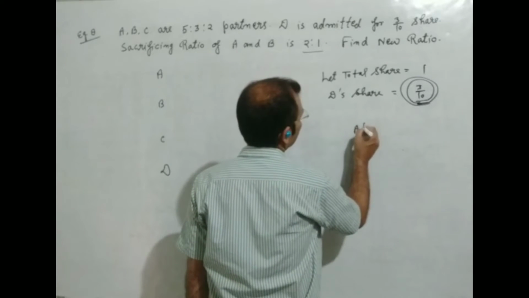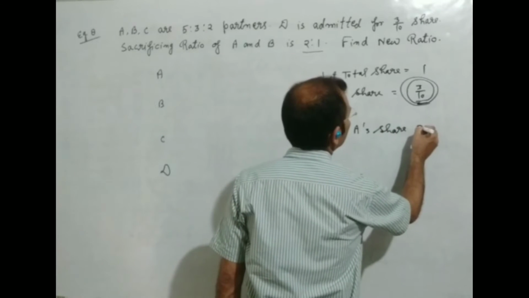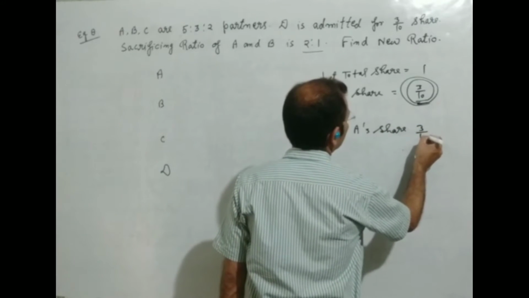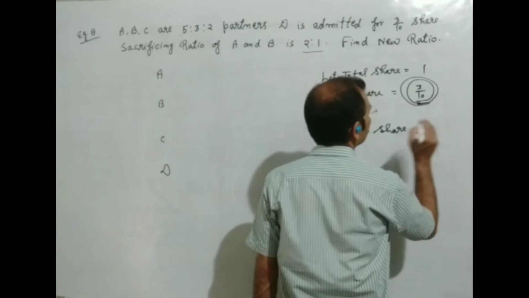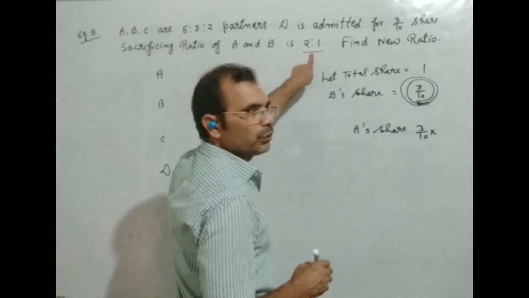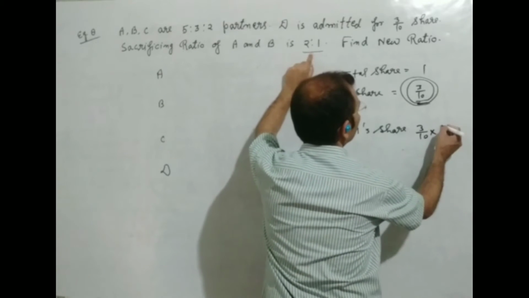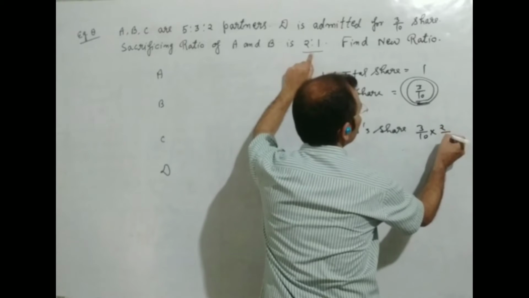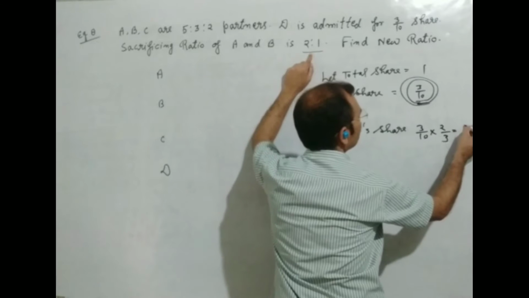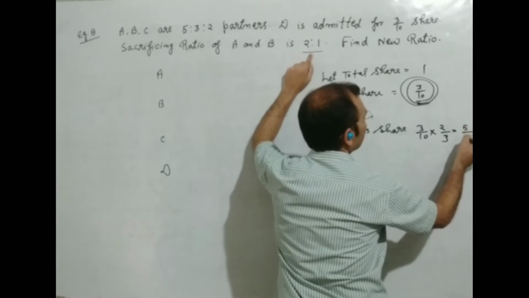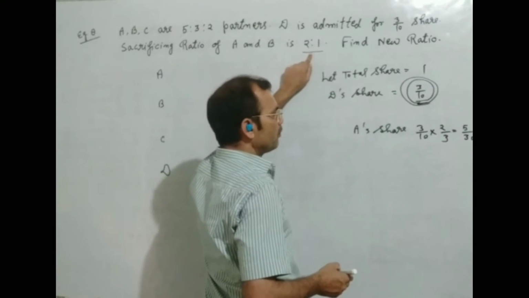A's share will be 3/10 fulfilled in the sacrificing ratio 2:1, means 2/3. Now 3 twos are 6, 10 threes are 30, 5/30 will come.